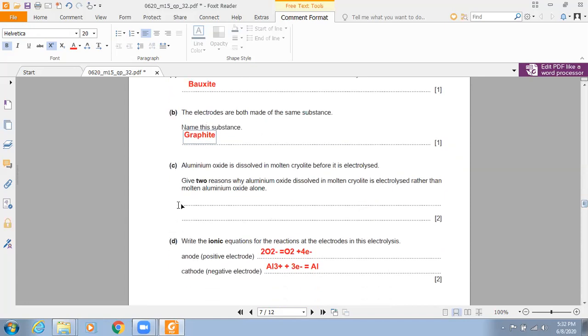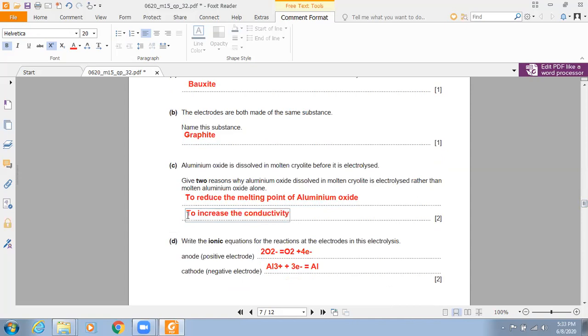What are the reasons? There are 4 reasons I taught you. The first one is to reduce the melting point of aluminum oxide. What is the second one? To increase the conductivity.